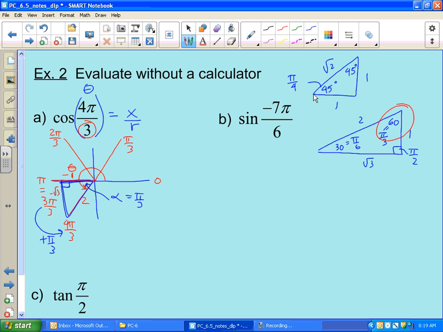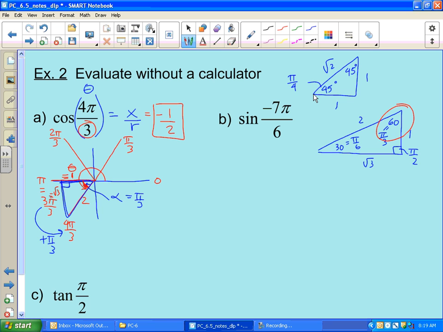All because I've got this 60 degree reference angle right there. Across from the 60 is the root 3. The reason the root 3 is negative and the x is negative is because I'm on the quadrant 3 side where x's are negative and y's are negative. So a cosine of that would be a negative value of x, negative 1, and an r value of 2. So a cosine of 4 pi over 3 is a negative 1/2.